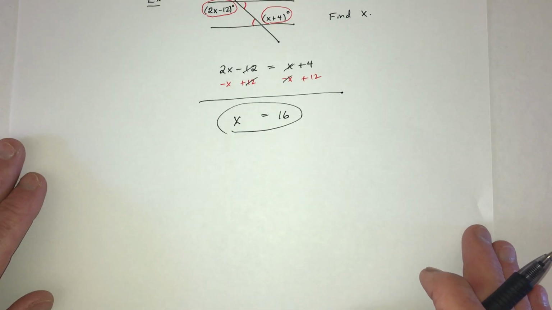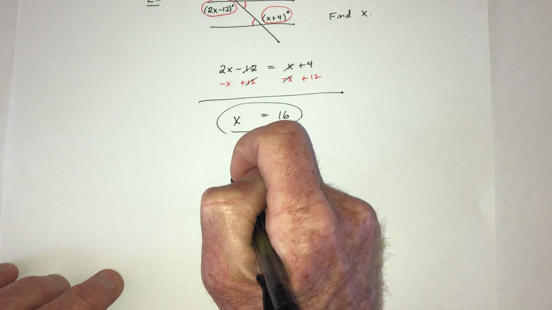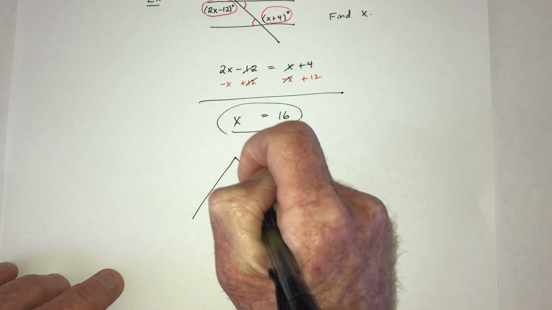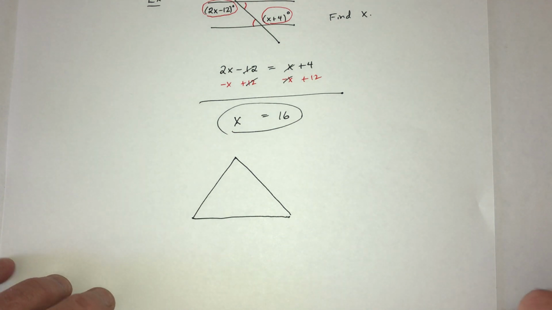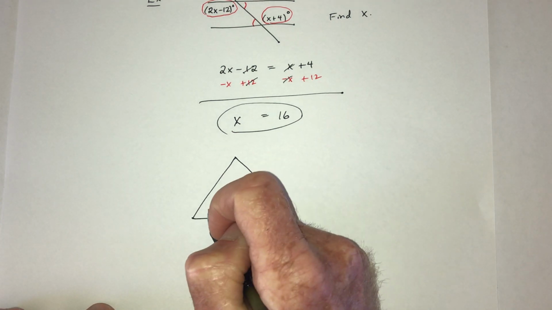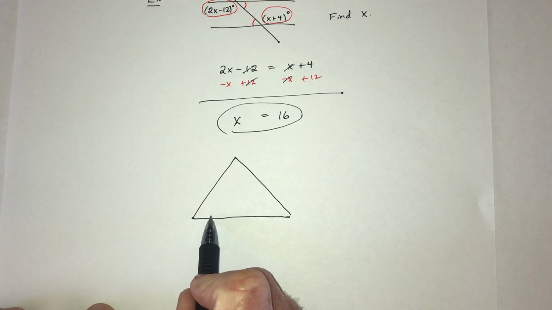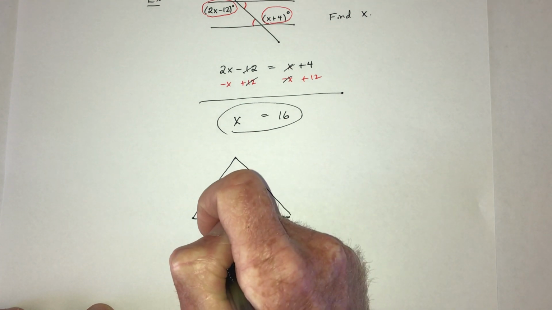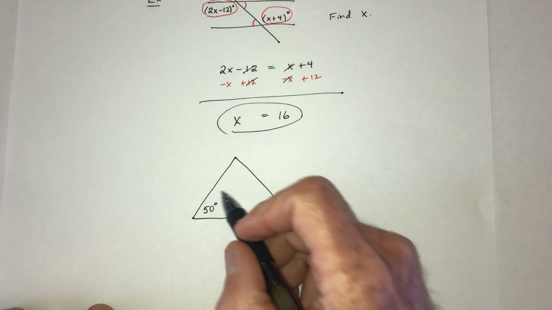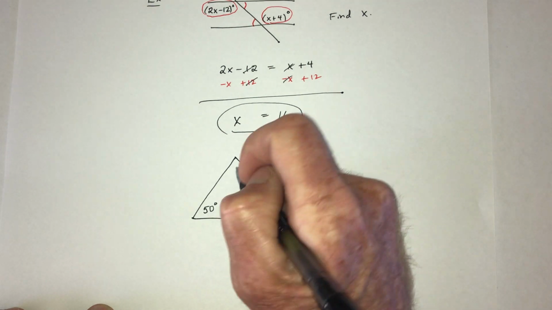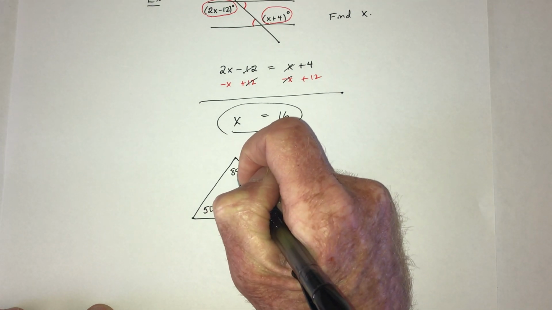Now another interesting fact about angles is if you have any triangle, and let's say that this angle is, let's see, that one looks like it's about 50 degrees. And then this angle looks like it's about 85 degrees.